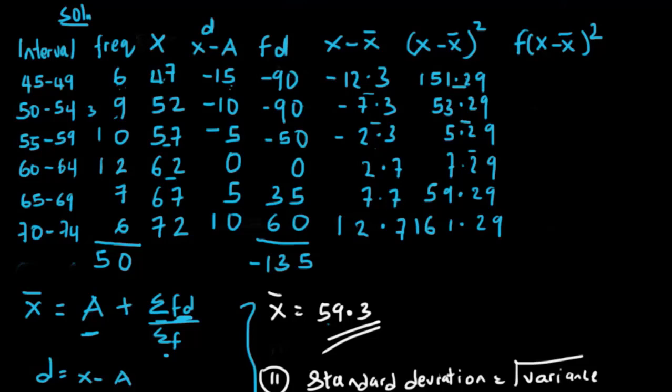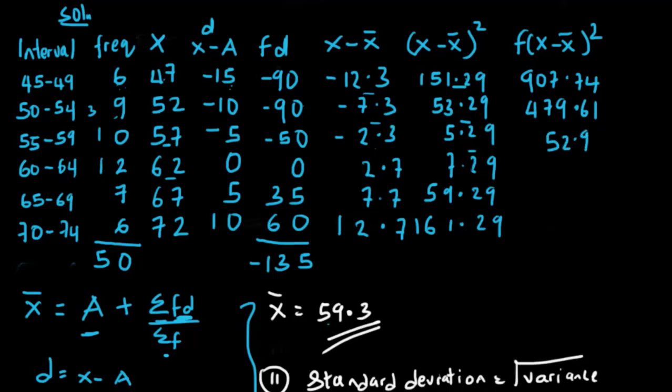6 times 151.29 will be 907.74. Then we've got 9 times 53.29. We have 479.61. Then next, 10 times 5.29, 52.9.